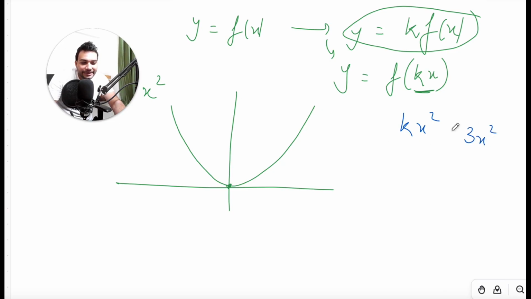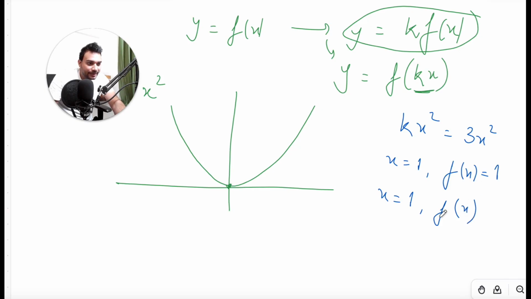What happens? It'll accelerate the graph. For example, at x is equal to 1, initially f of x was 1. Now at x is equal to 1, the new f of x, the k f of x or the 3x squared, will be 3. For x is equal to 2, earlier it was 4.